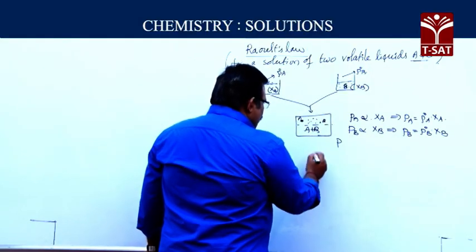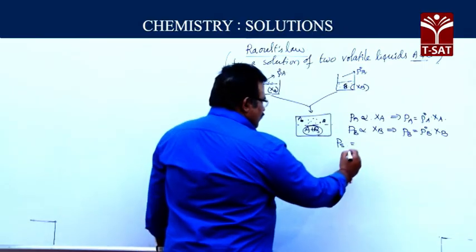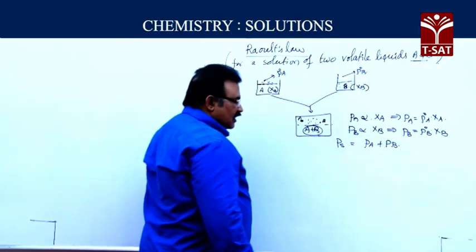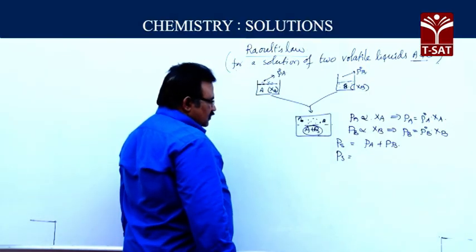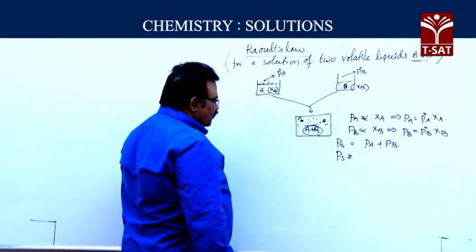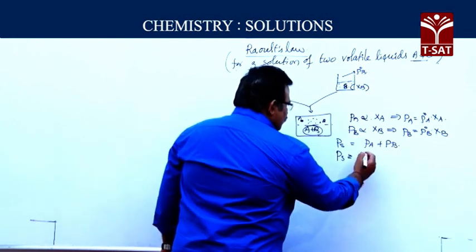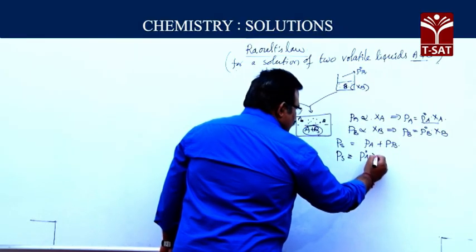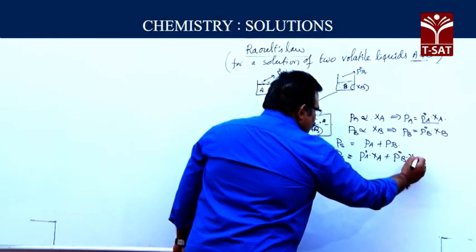Now, vapor pressure of this AB solution PS is equal to PA plus PB. That means total vapor pressure of this liquid formed by AB components is equal to P0A into XA plus P0B into XB.